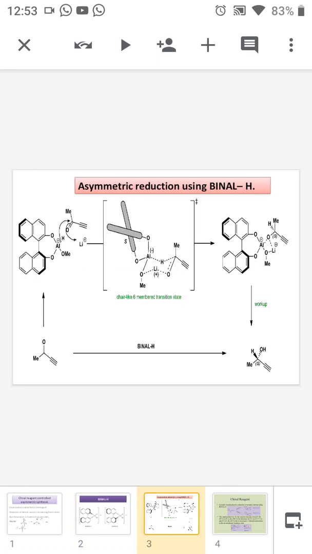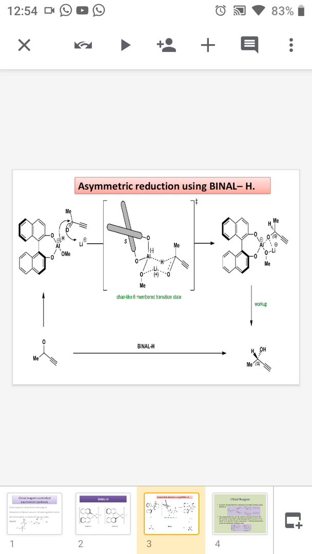And how will we do the asymmetric reduction? By using BINOL-H. See here, the BINOL-H reacts with the carbonyl group like this. I have shown the reaction. So Al minus is reacting with the carbon of the carbonyl group, and hydrogen is connected to that carbon.